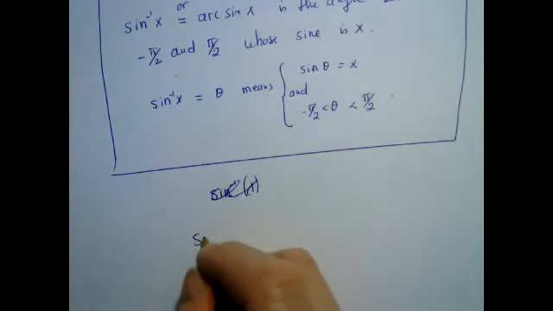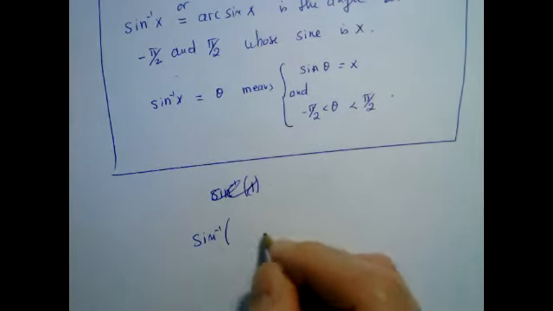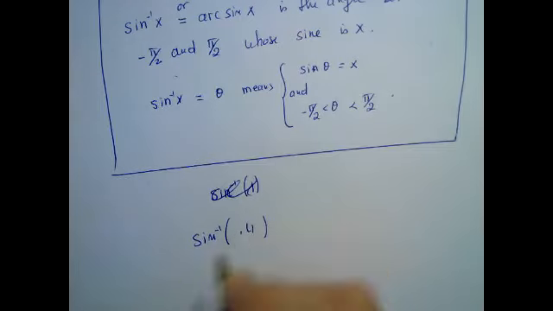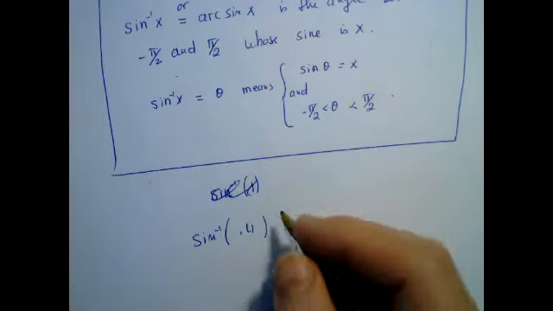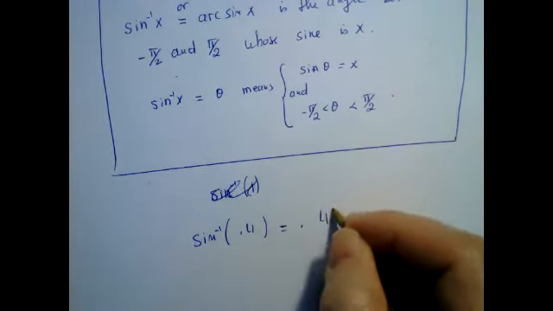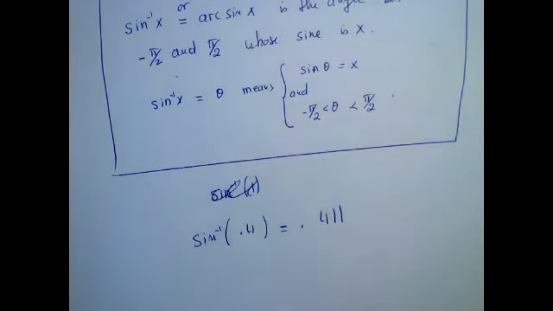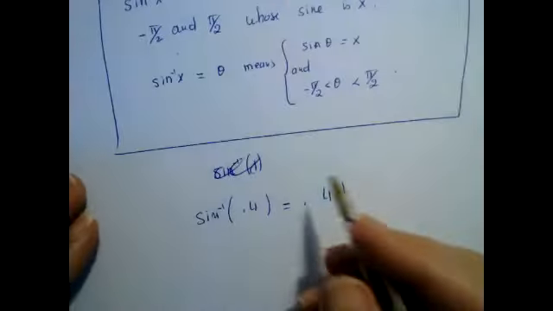Suppose I tell you sine inverse of 0.4, for example. I'm just going to make up something. Sine inverse of 0.4, I'm just plugging things into my calculator, is 0.411. What am I talking about? What does this mean to you?